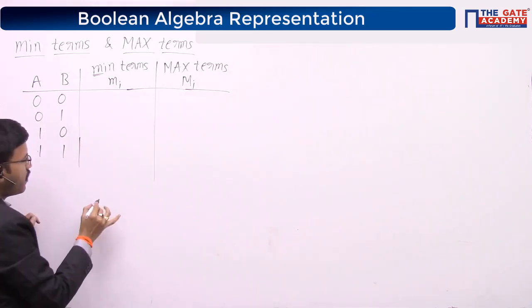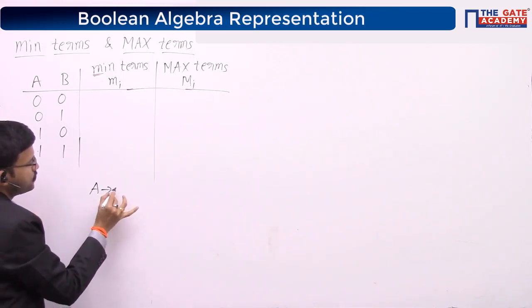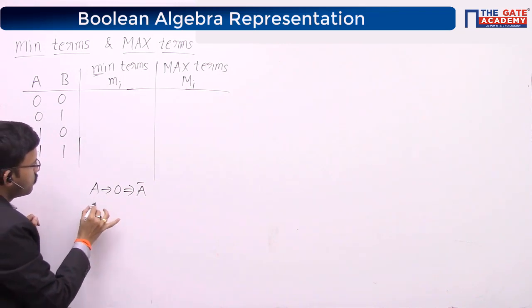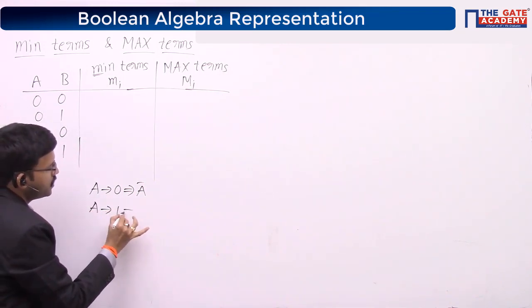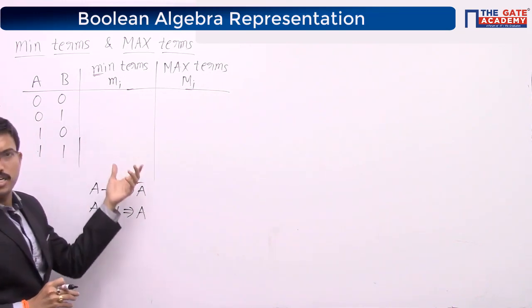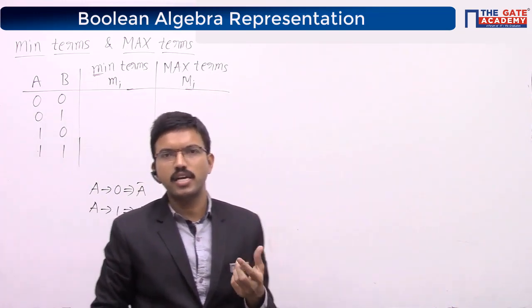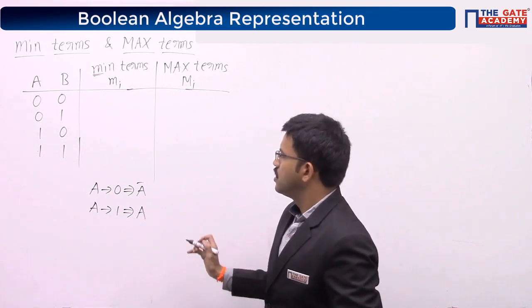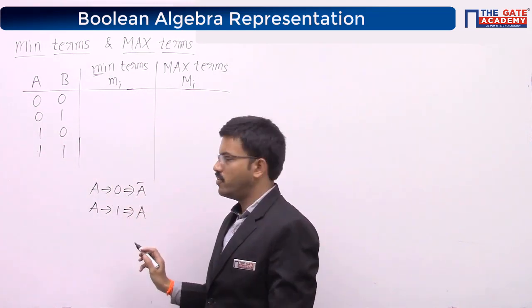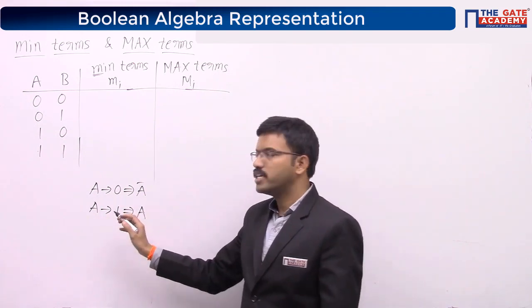If the variable is 0, I will consider it as the complement of the variable. If the variable is 1, I will take it as the normal variable. For minterms, I am considering logical AND, that means product.